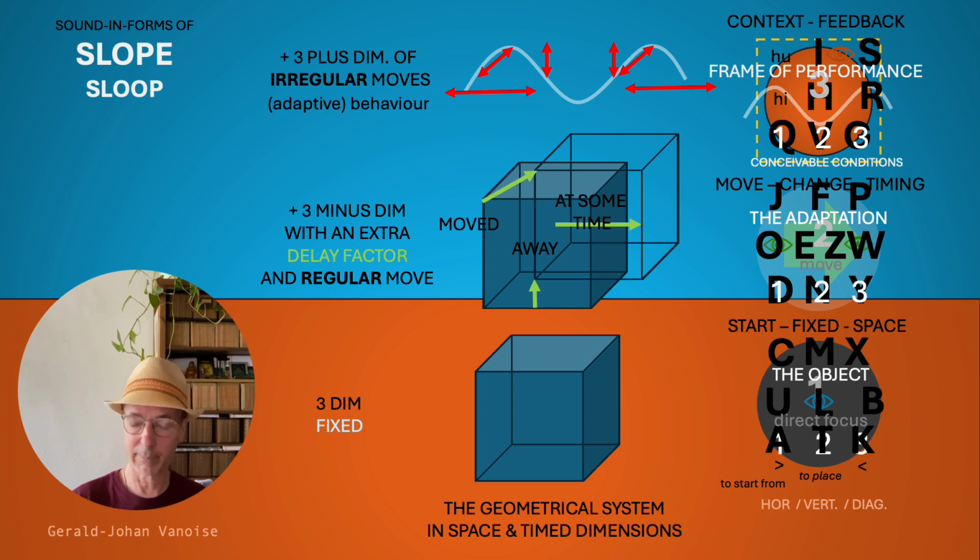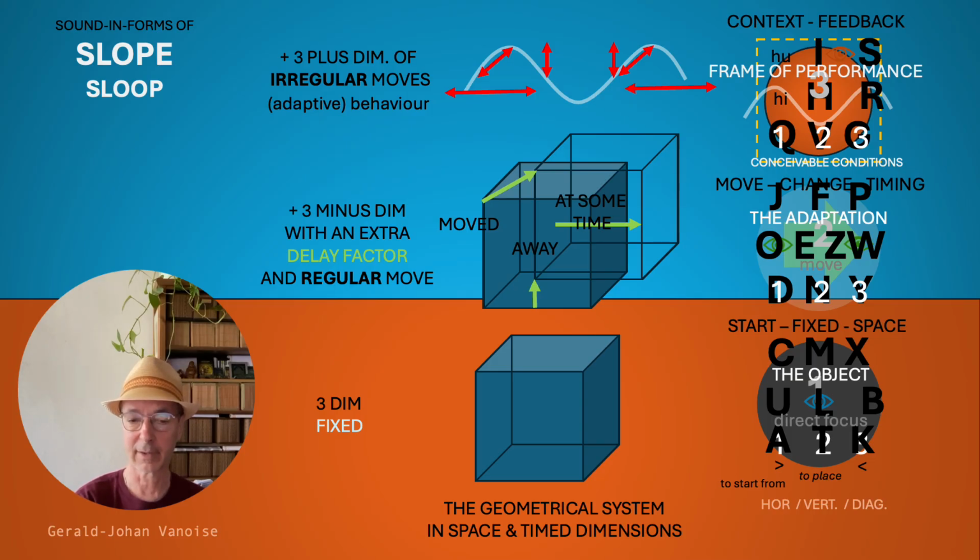So these three elements are actually enough to make an automatic adaptation to movements and to anything that can be described with movements.